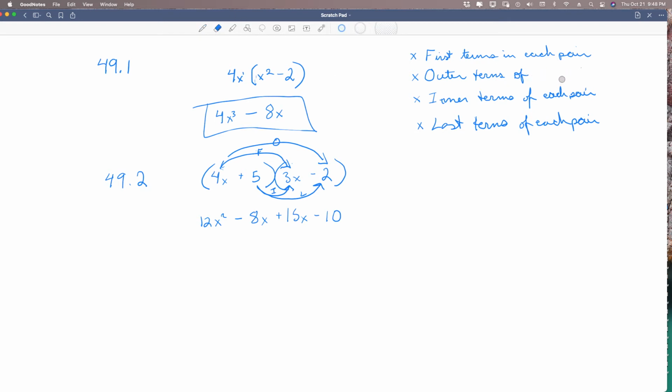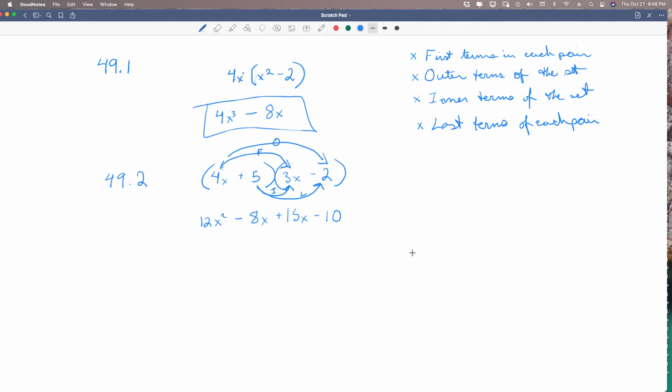Instead of each pair here, I'm going to say the outer terms of the set. And I'm going to say the same thing here, because it's really not the inner terms of each pair, it's the inner terms of the set of terms you're given.